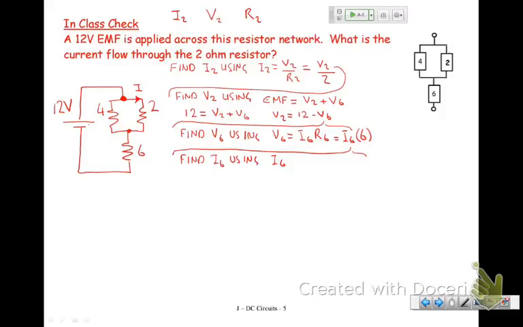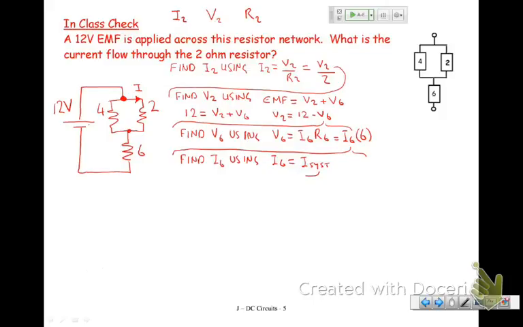Oh, I know. What can you tell me about the current flow through the 6 and the current flow around the circuit? Same, aren't they? So I6 is equal to I system. This is a good sign, because I've gone out and out and out and out.